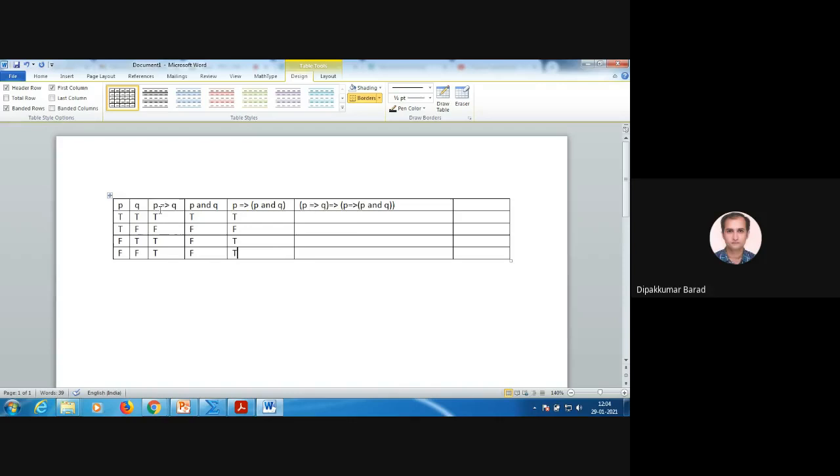Now P implies Q I have found in the third column, and this third column implies the fifth column. So T implies T, I get T. F implies F, I get T. T implies T, I get T, and T implies T again T. So we don't require this column.